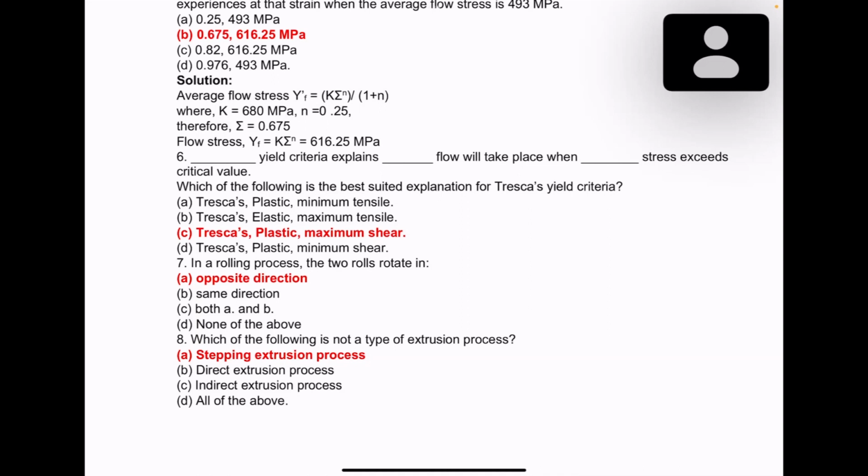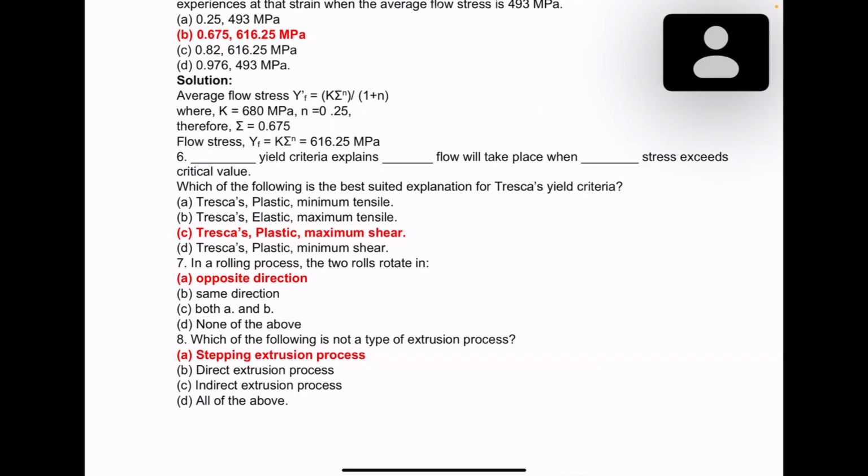Then you have plastic and elastic. Of course, all this yielding happens beyond the elastic point. So that second blank goes to plastic. And then it is Tresca's criteria. So maximum shear stress comes into the picture. Okay, if it was von Mises, you would have the principal stresses in the picture.